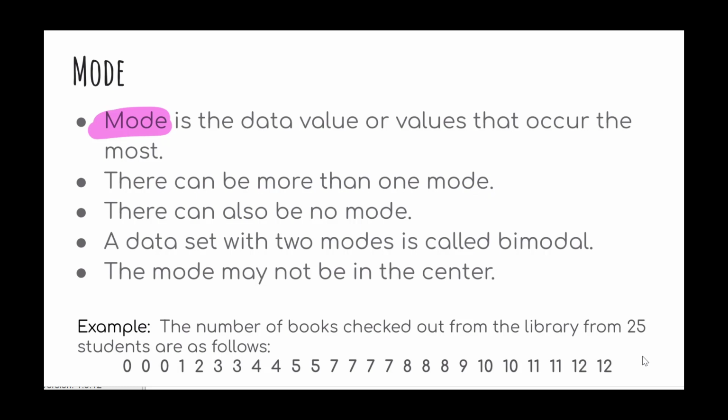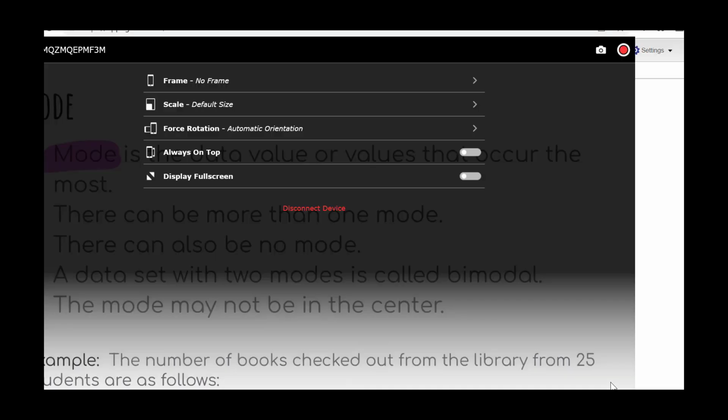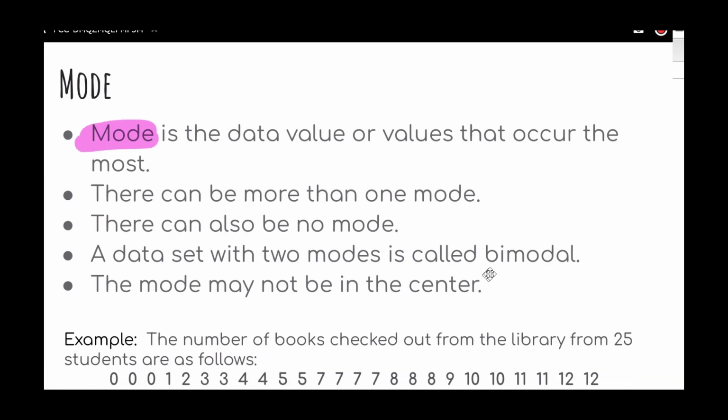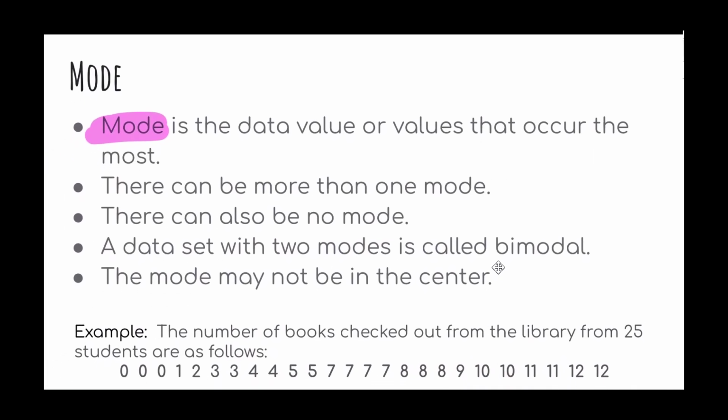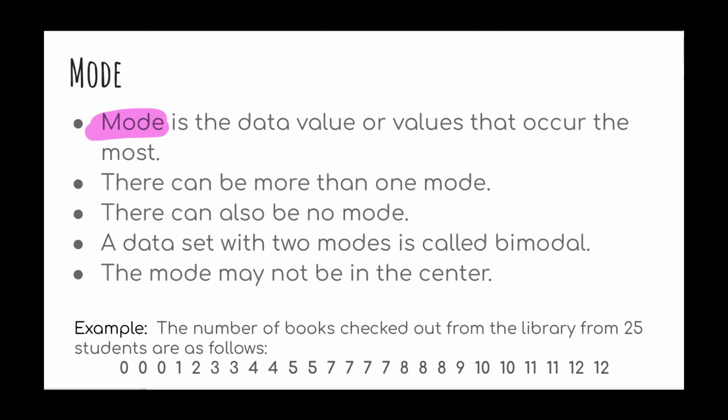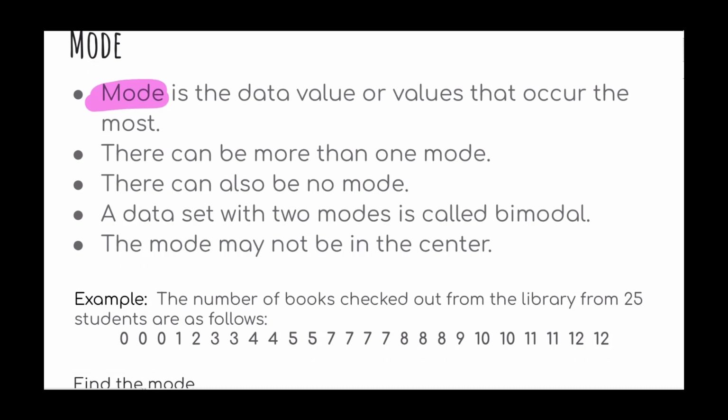So if I have a list of data and 2 numbers occur twice and every other number occurs once, then that means I can have 2 modes. There can also be no mode. So if every number occurs only once, then there's no mode. A data set with two modes is called bimodal. So bi, like bicycle, has two wheels.